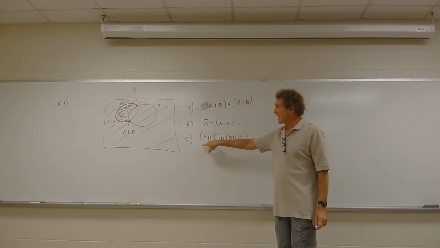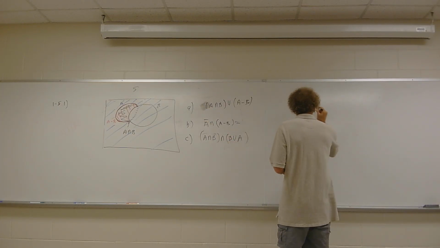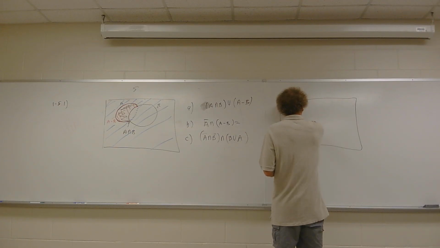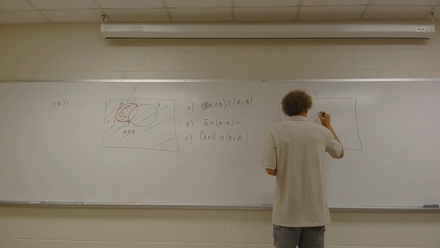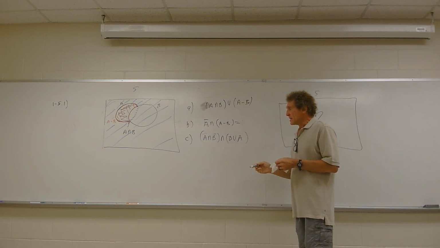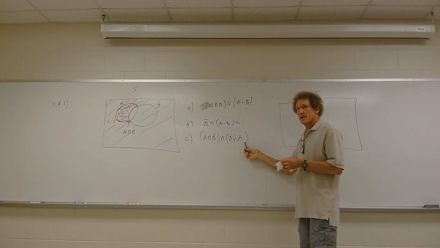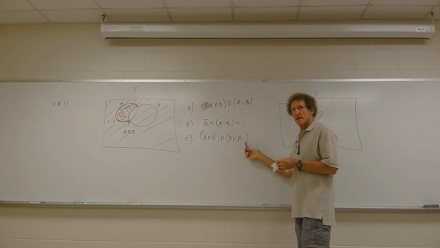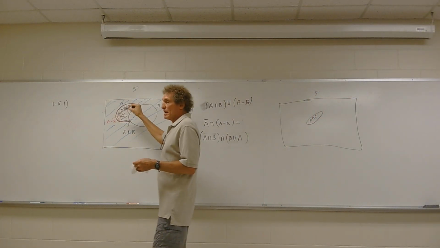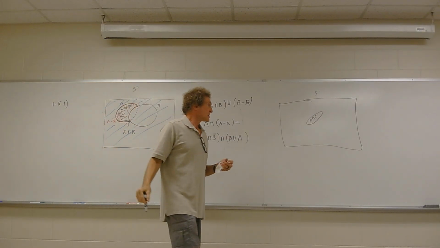If you take a look at that, A intersect B is what? If this is the S, it's this. This is A intersect B. Do you agree with that? Now, where's B union A? A and B, correct? Can you all see that?